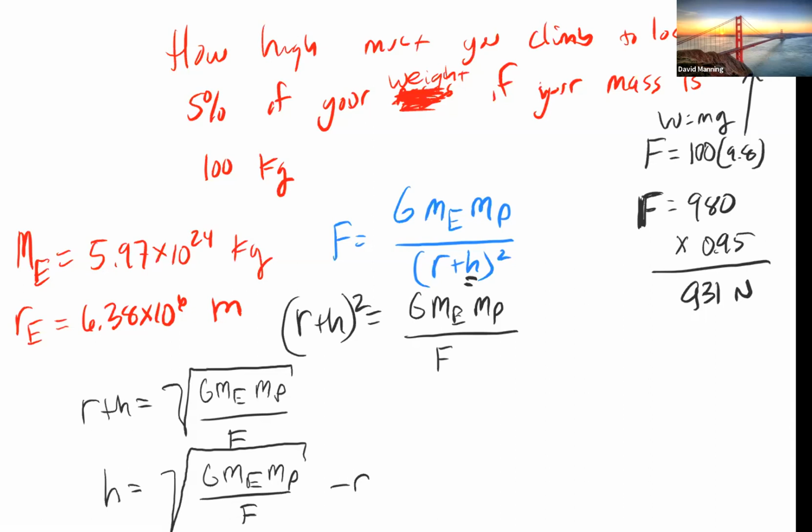So let's go to a new page where I have some room. H equals the square root. Oh, I shouldn't have put a tail on that. 6.67 times 10 to the minus 11 times 5.97 times 10 to the 24th. Our mass is 100 kilograms.